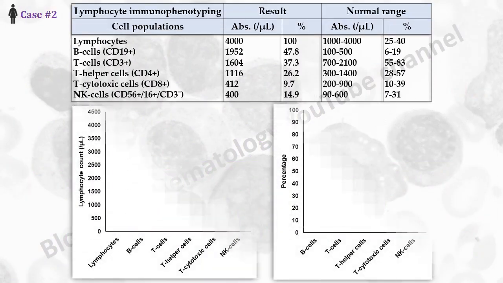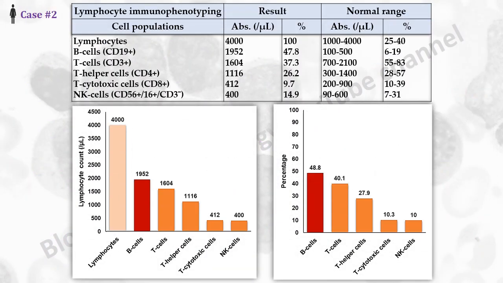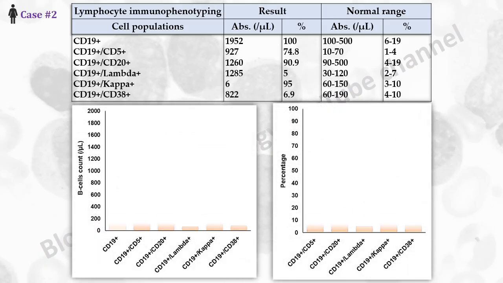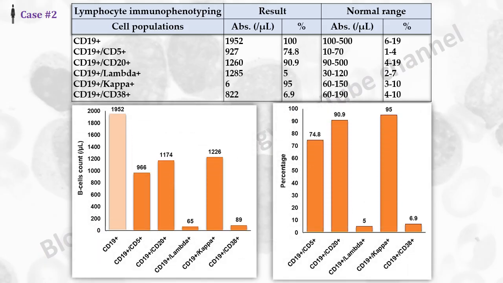Increased B-cell population was observed by lymphocyte immunophenotyping, and a clonal CD5 positive B-cell population with kappa light chain restriction was revealed by B-cell immunophenotyping.